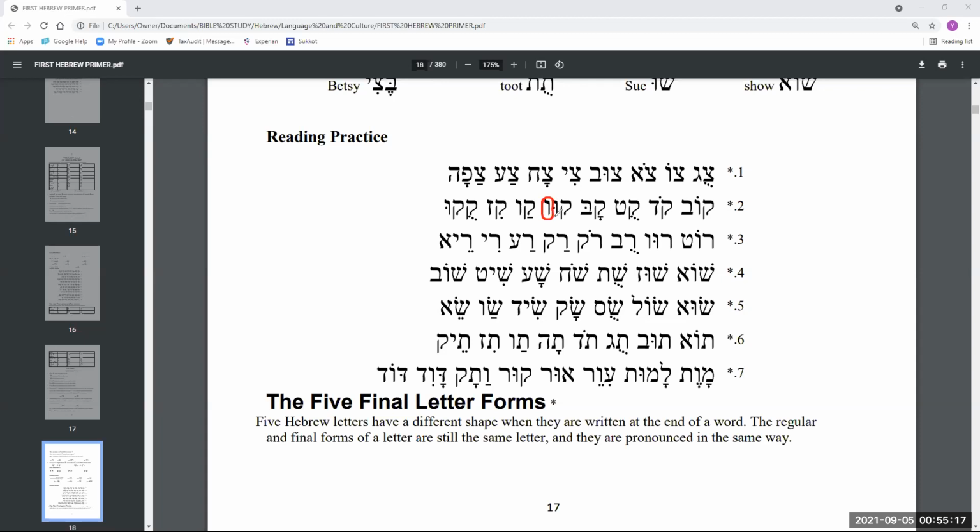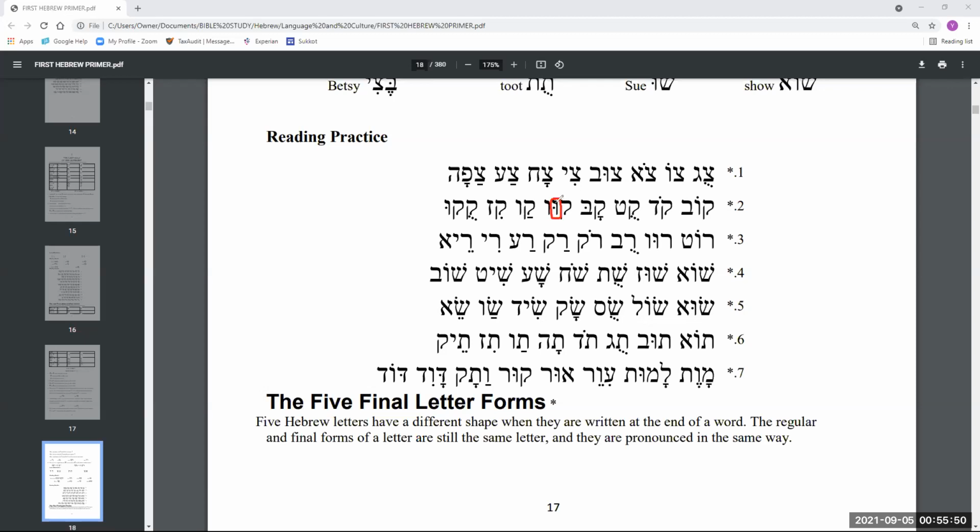Forget that this is a wa or a vav. If you apply that rule to it, it's going to confuse you. This is now a shrook. It is a vowel. It's an O class vowel now. It's not a wa or vav. It's a shrook. Does that make sense?